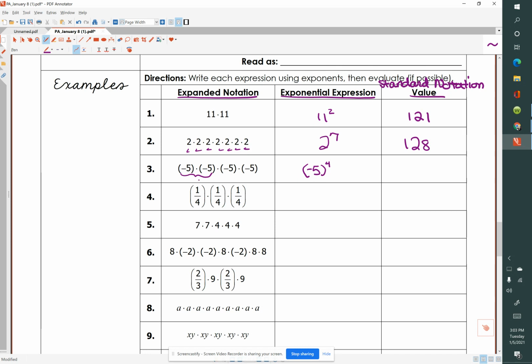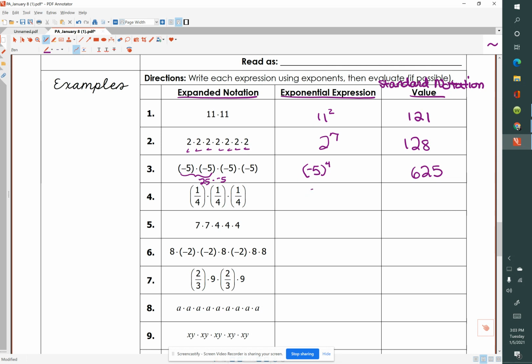So that would be positive 25, and 25 times negative 5 would be negative 125, and negative 125 times negative 5 would be a positive, because then we're back to positive again, where a negative times a negative is a positive. So that would be positive 625.